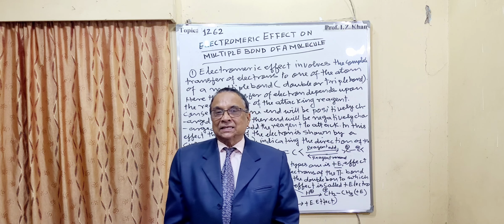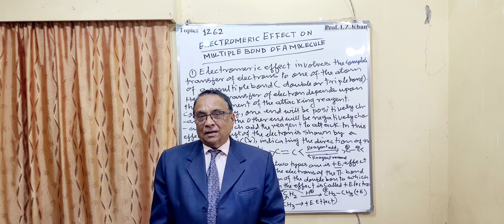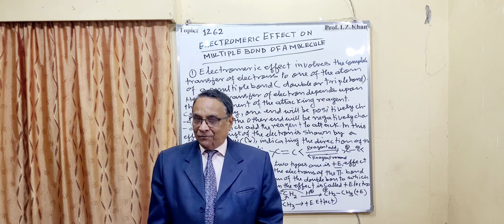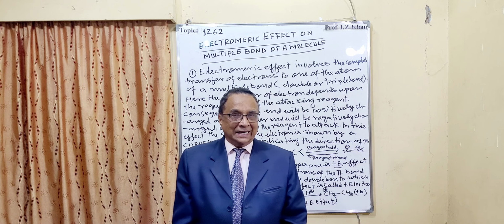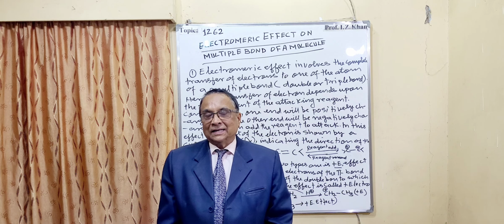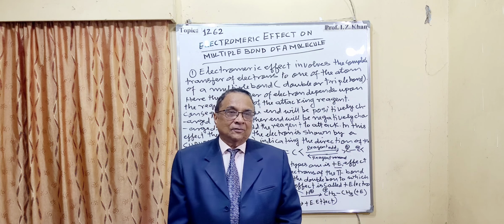If the attacking species is deficient in electrons and gets the electron from the carbon center, then it is called the positive electromeric effect.